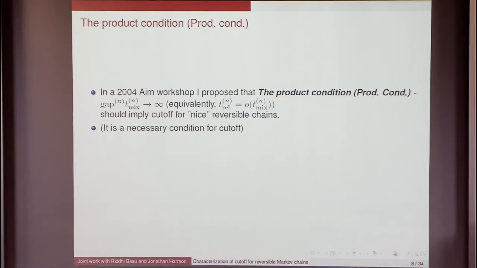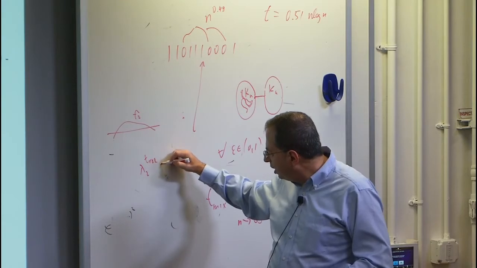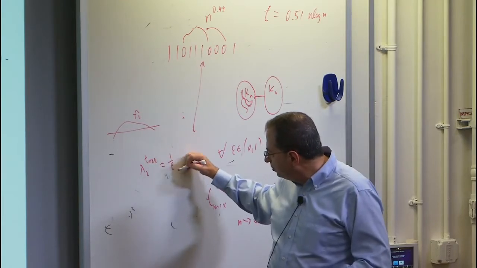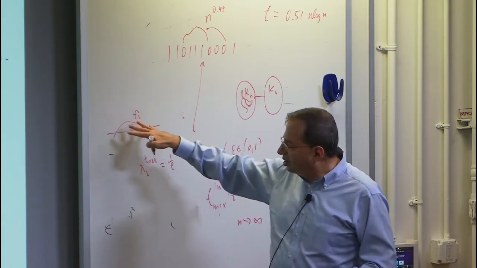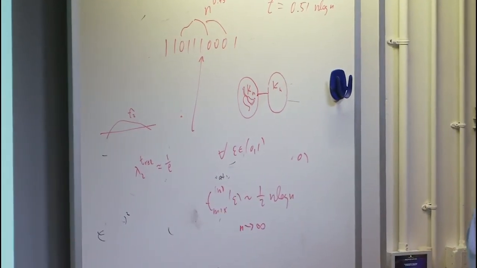Now, how much does f2 go down? It changes by a factor of lambda 2 in one step. So by the relaxation time, it will change by a factor of lambda 2 to the power t_rel, and this is about 1 over e. So this perturbation goes down by a factor e over the relaxation time.